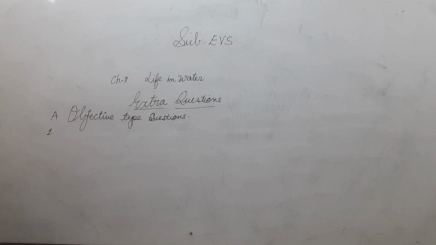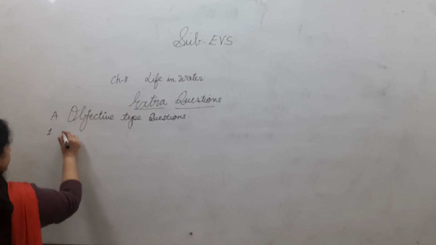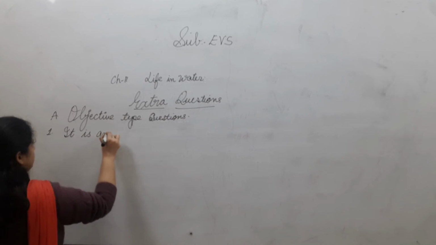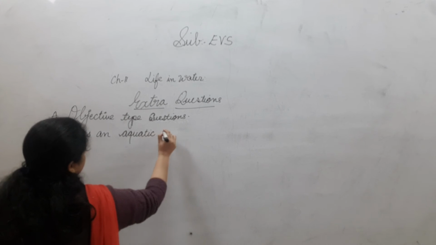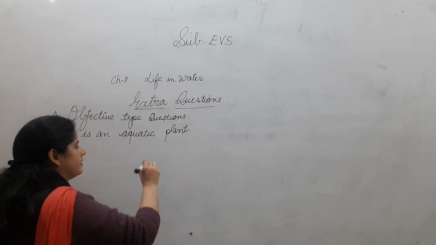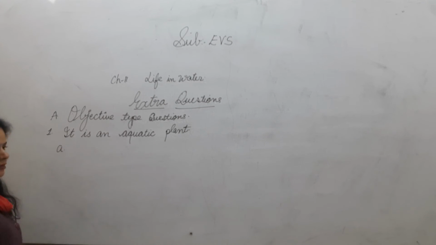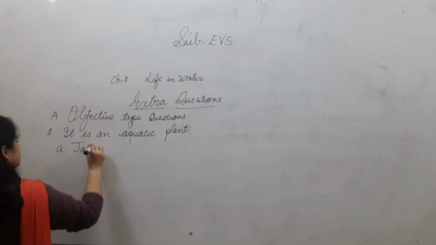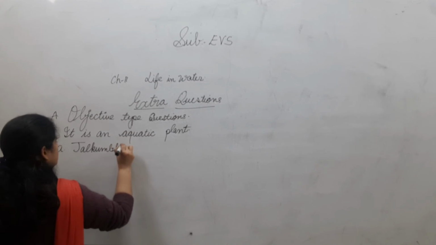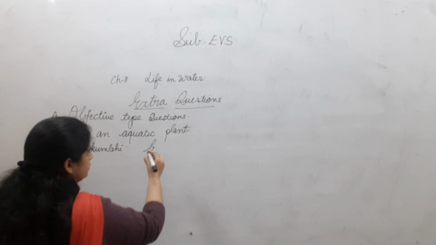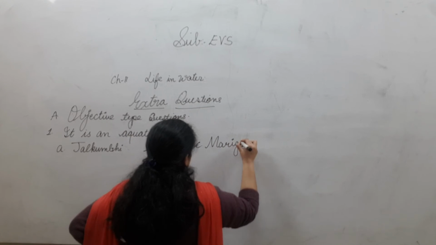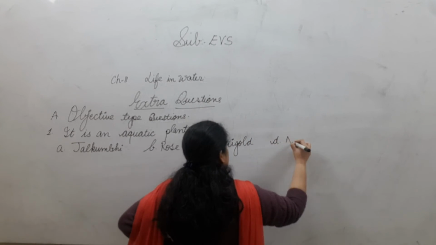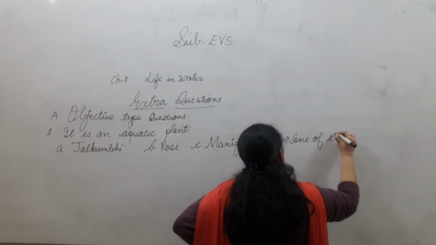So first one is, it is an aquatic plant. वो कौन है जो एक्वेटिक प्लांट, एक्वेटिक प्लांट में जो पानी में रहते हैं। Options are, A जलकुंभी, B रोज, C मैरीगोल्ड and D none of these.